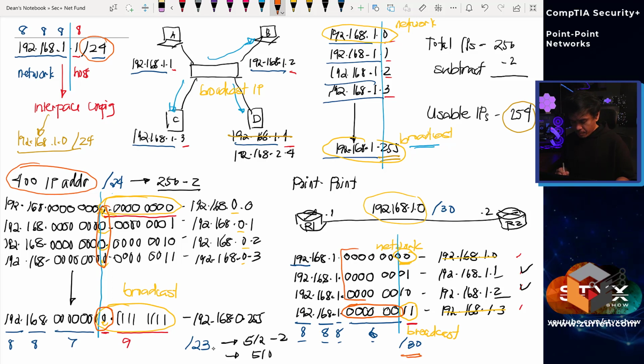See that? We borrowed these bits. Again, /24 is the original network. Borrowing 1 bit, borrowing 6 bits either on the network side or the host side, makes this a subnet, because our new network is customized and not the original class A, class B, or class C network.